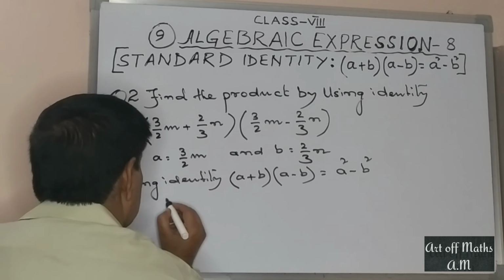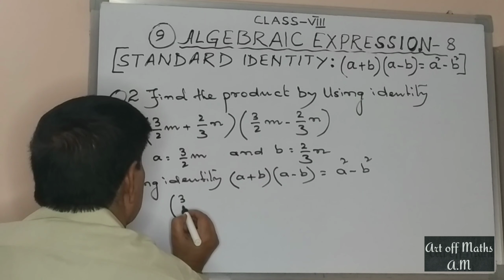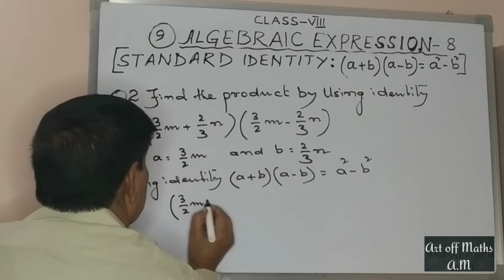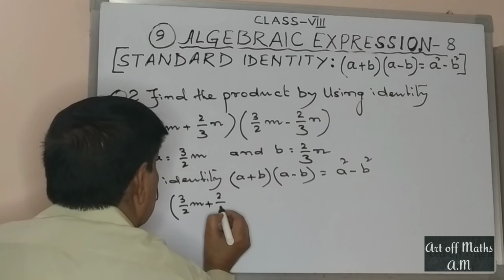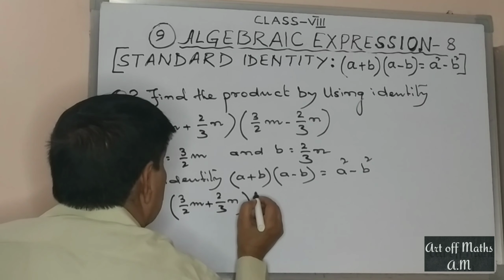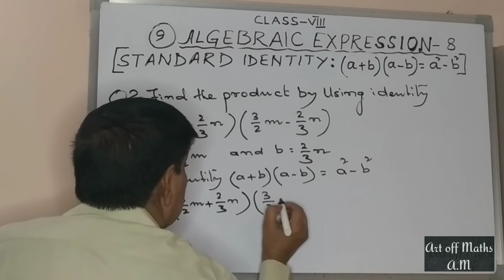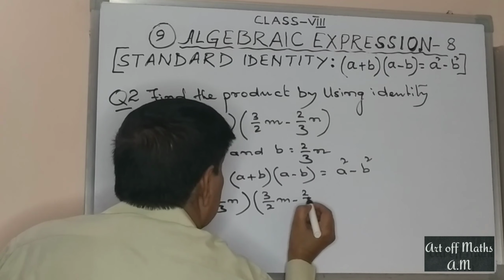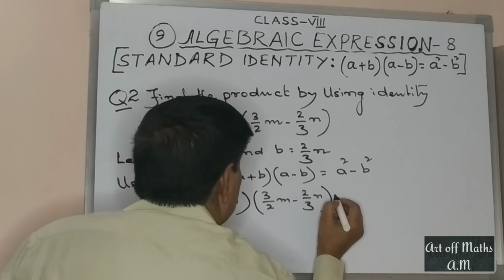Now here we have (3 by 2 m plus 2 by 3 n) into (3 by 2 m minus 2 by 3 n).